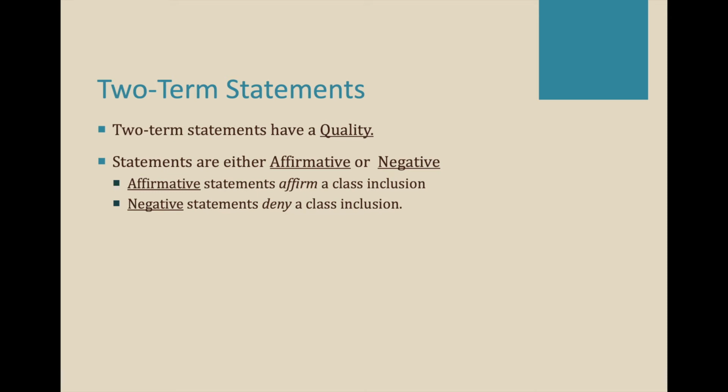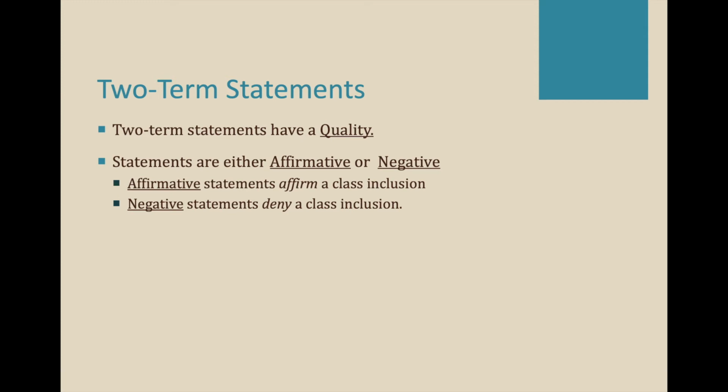In other words, it says members of one class or category, represented by a term, are included as members of another class or category. So that example that we just saw, right? Some UNH students are beer drinkers. That affirms a class inclusion. It says there are members of the class or category of UNH students who are also in the class or category of people who drink beer.